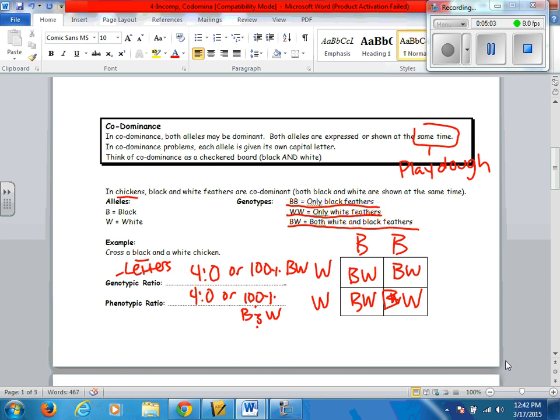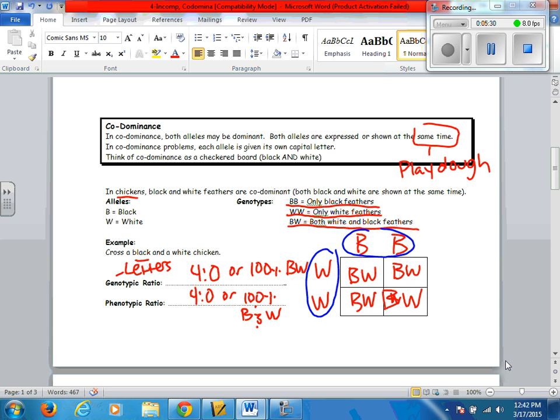This isn't saying that you're going to get 4 black and white chickens. It's just saying that if these two individuals, this black chicken and this white chicken, decide to have offspring, then all of them should be black and white. If they have 100 chickens, then all of them should be black and white. If not, then there might be some issues with the cross. So think of it in terms of that.